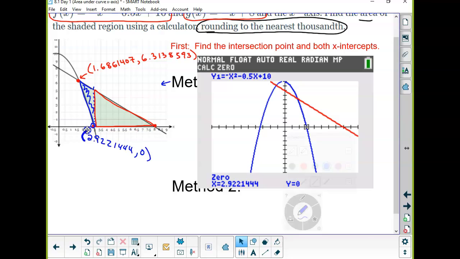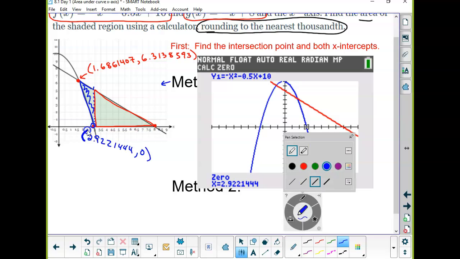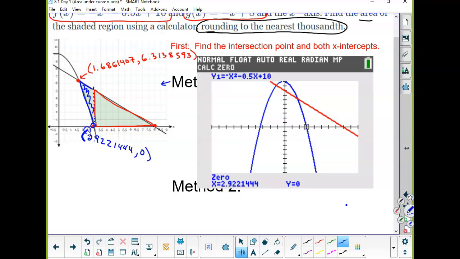Now, I should do the same thing right here and find, oh, sorry, this 0. However, this is linear, right?